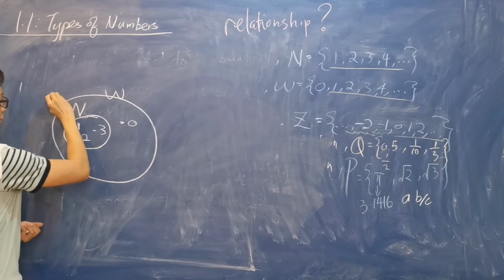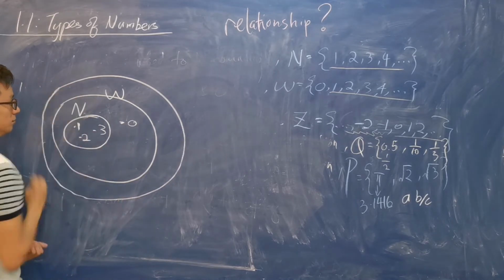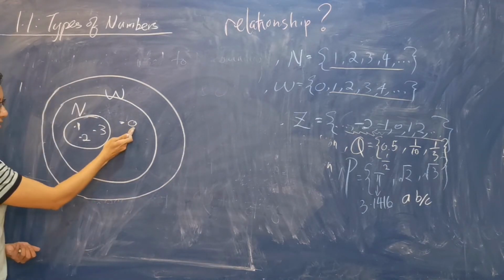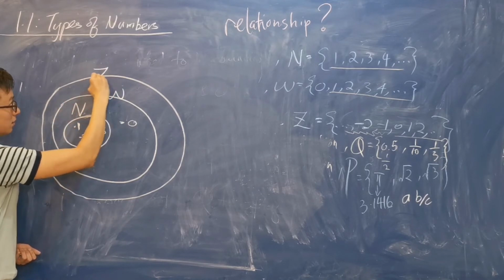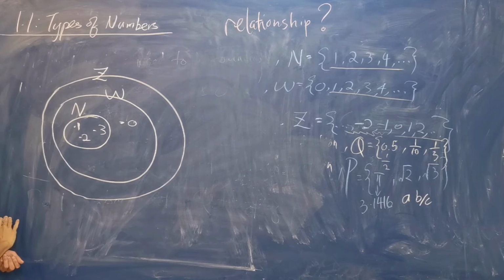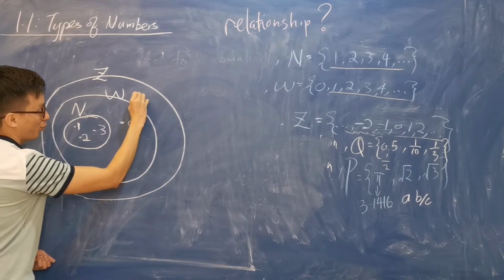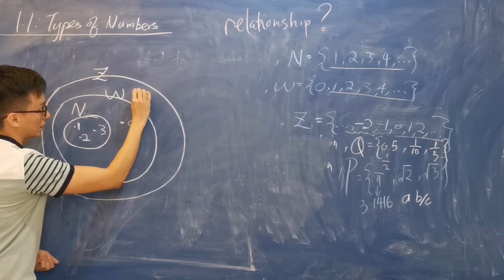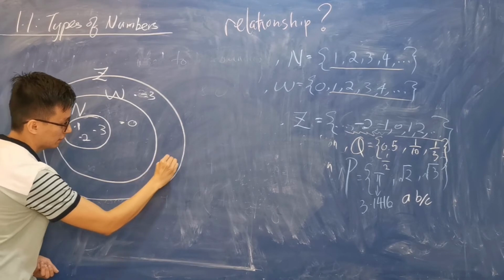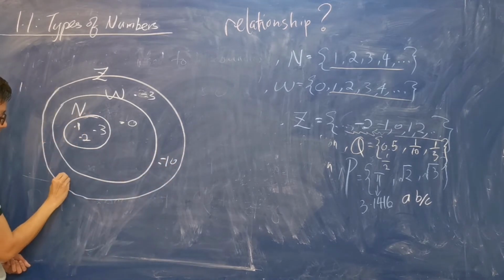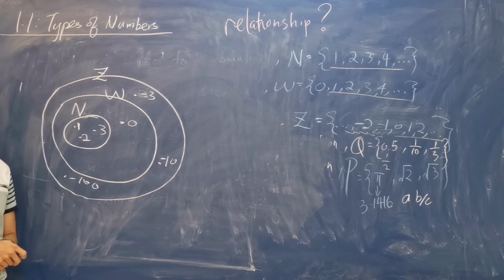That's why we would like to draw a diagram like this. 0 and all the positive values will be inside Z. Then outside the W, we will put the negative numbers. For example, negative 3, negative 10, negative 100.